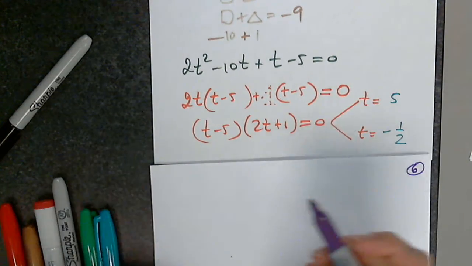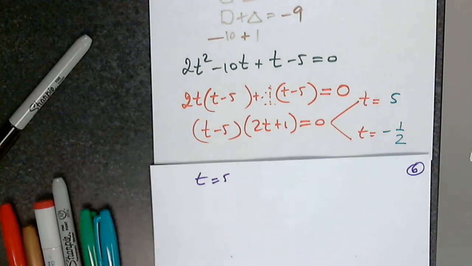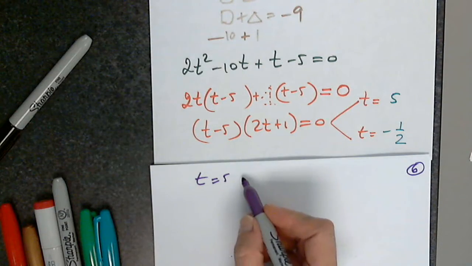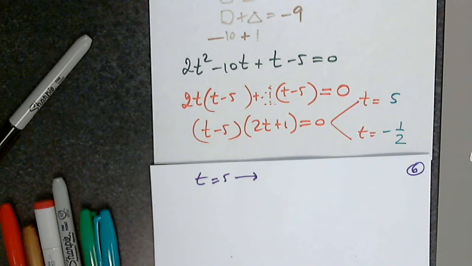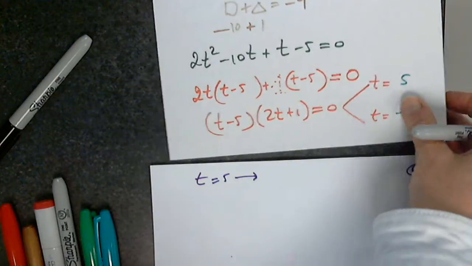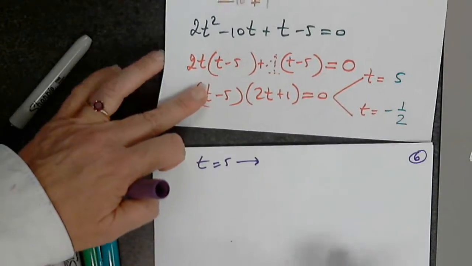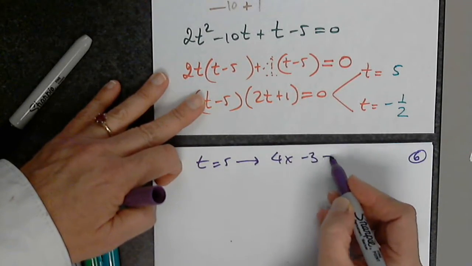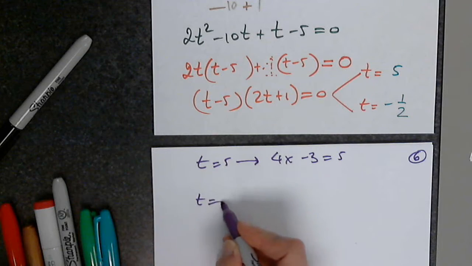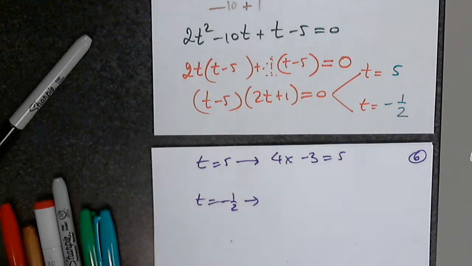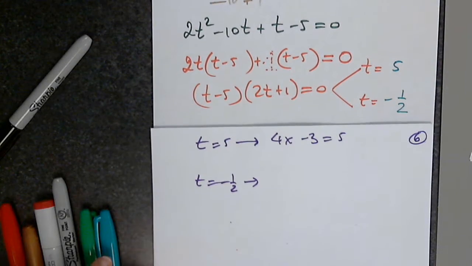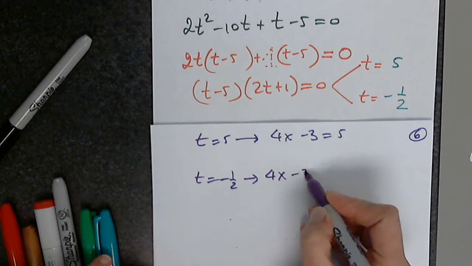So then this equation, which gives us t equals 5, means what exactly? Careful. This is our equation. 4x minus 3. Correct. 4x minus 3 equals 5. And the other one, t equals negative 1/2, what equation will that be? 4x minus, right, 3 equals negative 1/2.